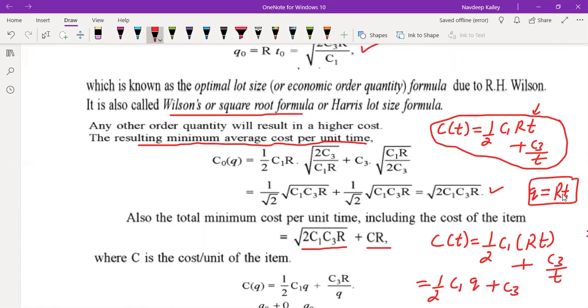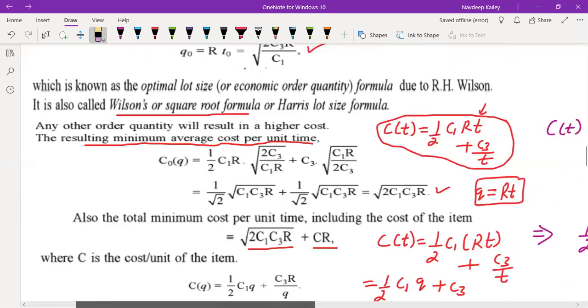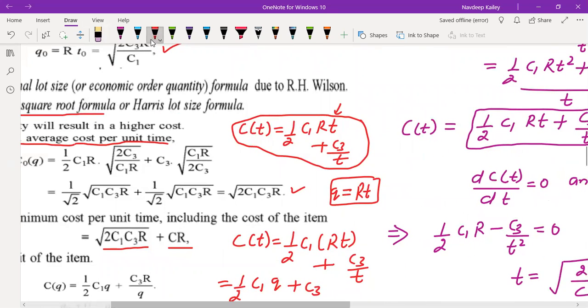We will calculate the value of T from here. T is equal to Q by R. This becomes C3 R by Q.